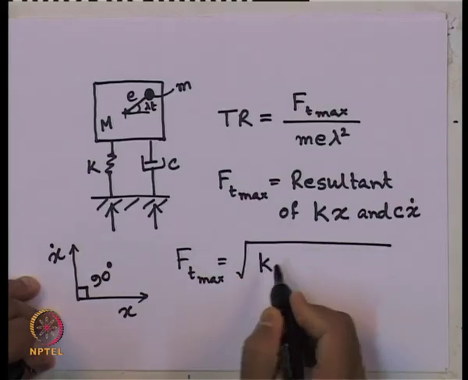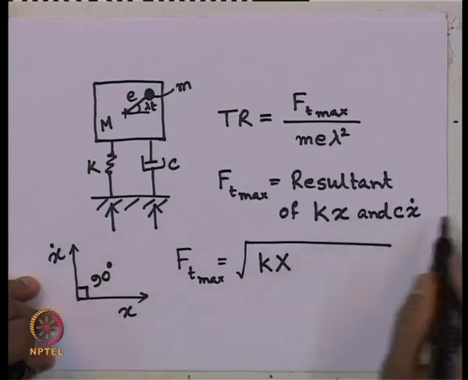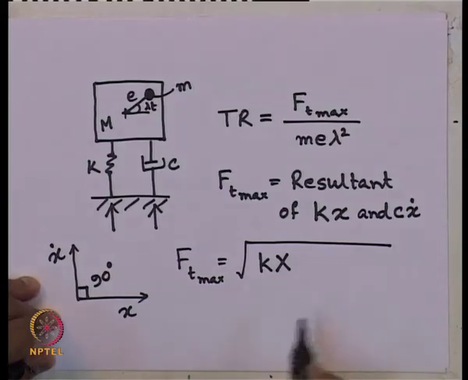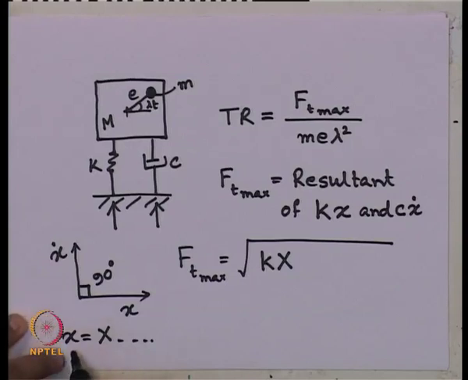So, k times capital X times some harmonic function. We are expressing x as amplitude times some function, whatever resultant we obtained in the dynamic case. After solving, we got some steady state response x s t in terms of some amplitude times some harmonic function. Do you remember that? Okay.